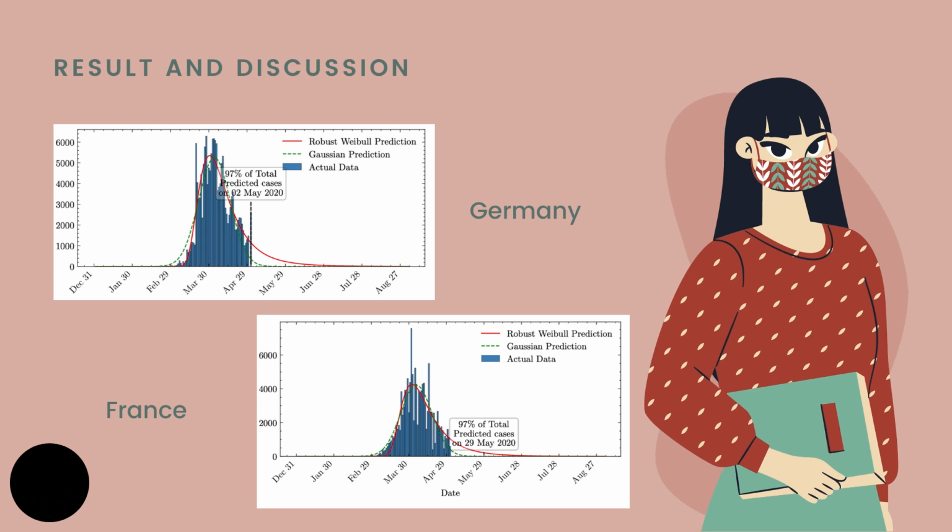It's not exactly which day, but we know the period of time. In France also, it is at the end of March. And it's even exactly which day in France: on 29 May 2020, 97% of total predicted cases. So we can see it is very close.